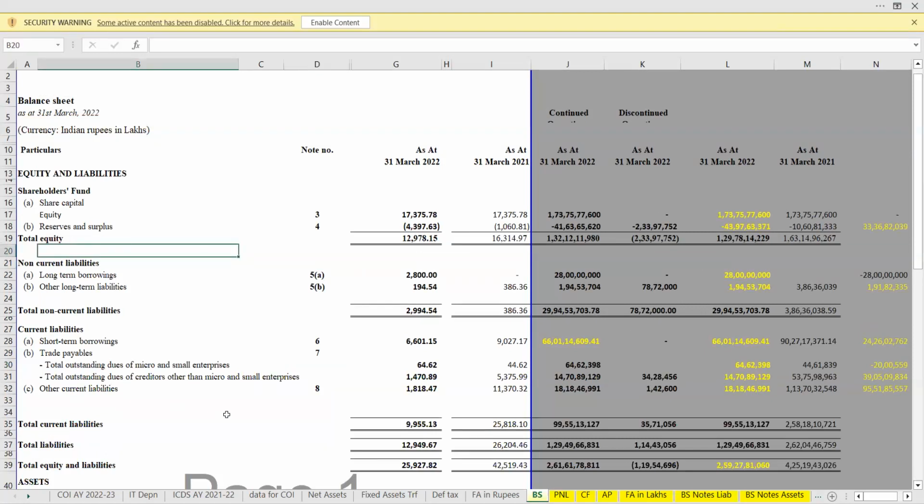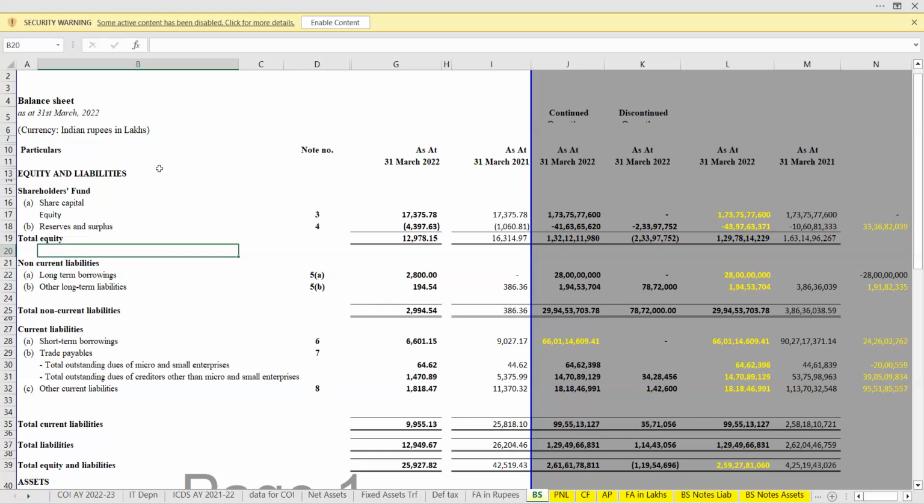In my Excel, I maintain computation of total income, IT depreciation, ICDS working, data, whatever backup working is required for computation of total income, net assets, fixed assets transfer, deferred tax working.